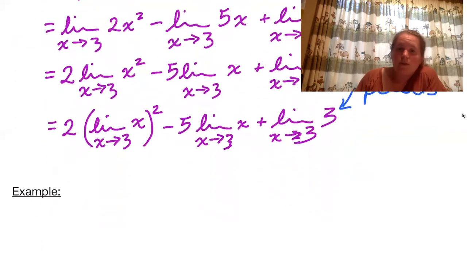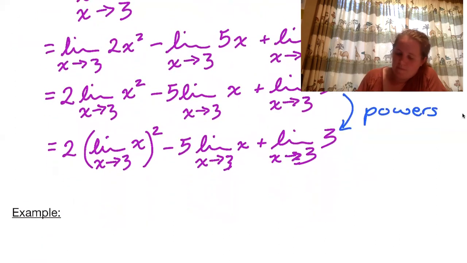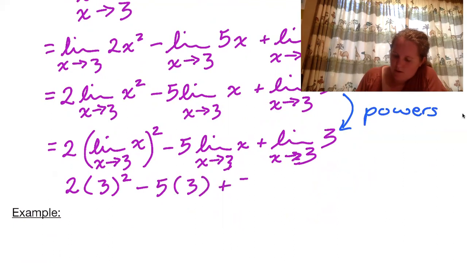Now these first two are just the identity. So we have 2 times 3 squared minus 5 times 3, and then plus 3. So this was using the identity, as well as the constant.